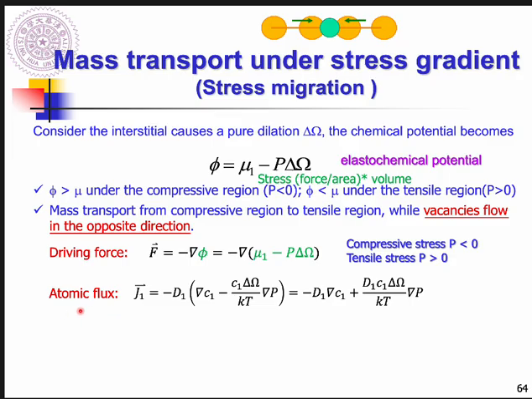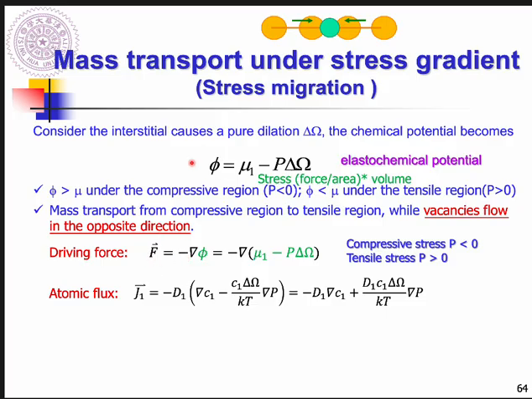Now the most important part is that the atomic flux here can also be written as two terms. The first term is due to Fick's first law, if we have a concentration variation of these interstitials. The second term is mobility, concentration, and the driving force. It's the same idea as we told you, right?